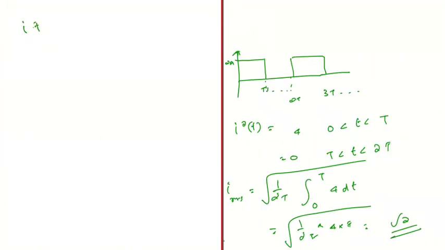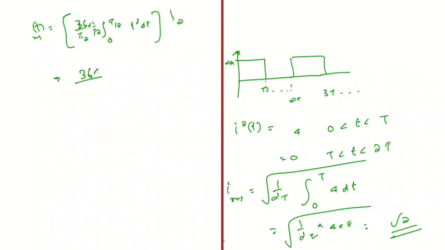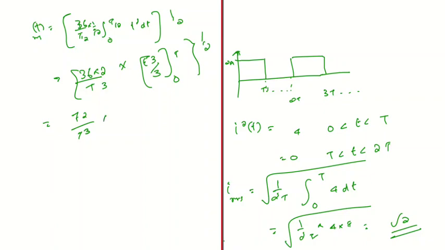So I am going to take the RMS value, that is I RMS equal to 1 divided by T by 2, 36 by T square coming outside, the rest is integral 0 to T by 2 of t square into dt, the whole raised to 1 by 2. So it will be 36 into 2 divided by T cube into T cube divided by 3, 0 to T, whole raised to 1 by 2, 72 divided by T cube into 1 by 3 into T cube.